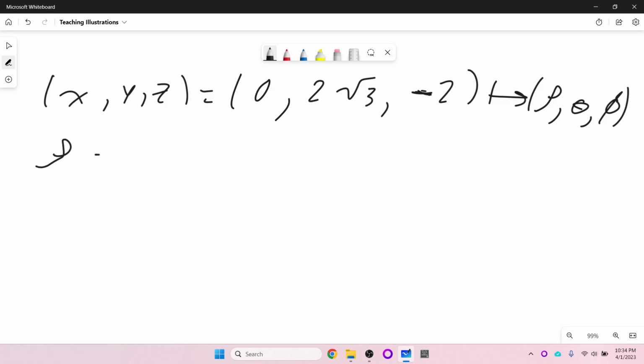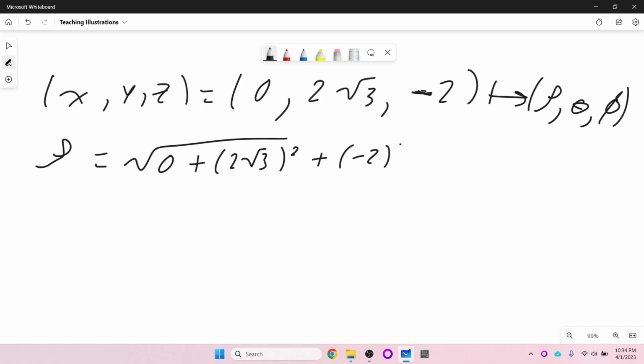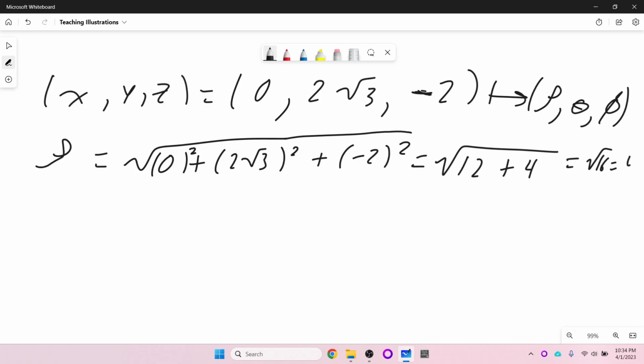Rho is the square root of 0 plus 2 root 3 squared plus negative 2 squared. I guess I can put squared on the 0 too if it makes you feel better. Doesn't really matter. This becomes 4 times 3 is 12 plus 4, so that's root 16 or 4. All right, so rho is 4.